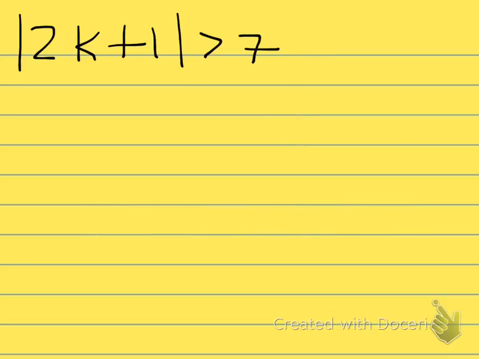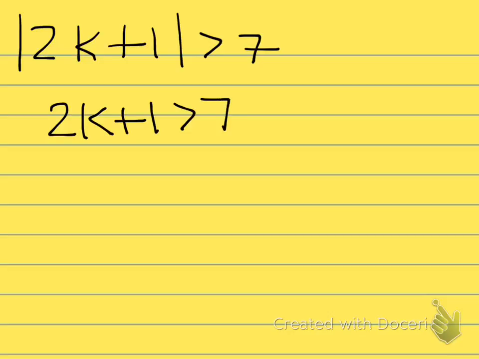Here we have a different one. This one is greater than. So to remember how to set up a greater than problem, it's going to be using the phrase greater. So that's greater, which would mean an or problem. So I'm going to write this just how it is.